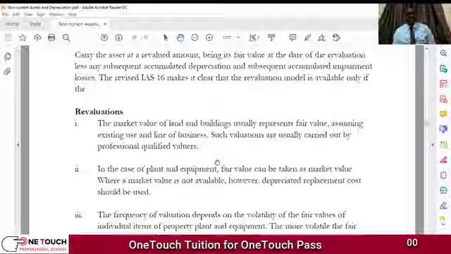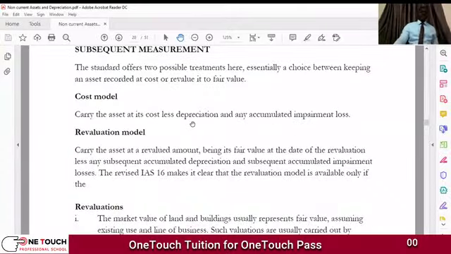Good. So the revaluation model can be used, however, there are certain preconditions. You must make sure that those conditions are met before you can revalue. And again, when you decide to revalue an asset, then all assets in that class need to be revalued.